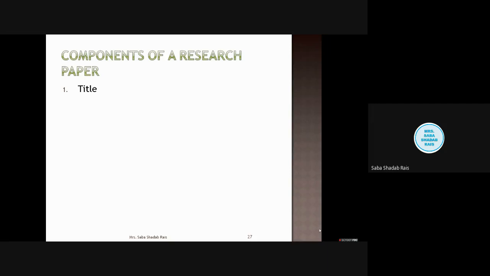It must be only 10 to 12 words long, and it must be descriptive. It should not use nouns; instead of nouns, active verbs must be used. We must remember that proper descriptive words showing what finding is made may be used as keywords by the reader. We should also avoid abbreviations and jargon.